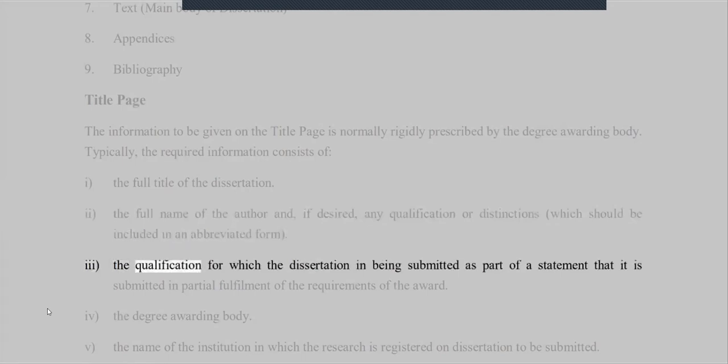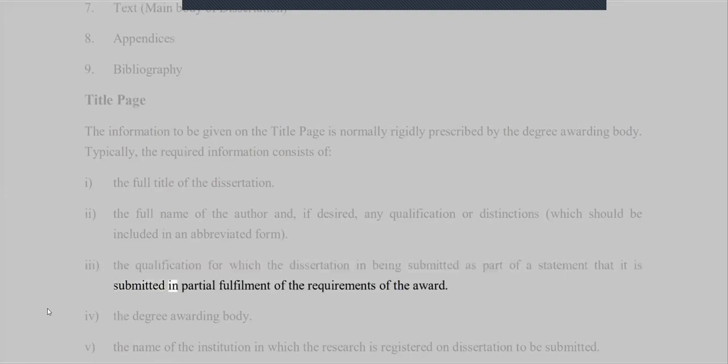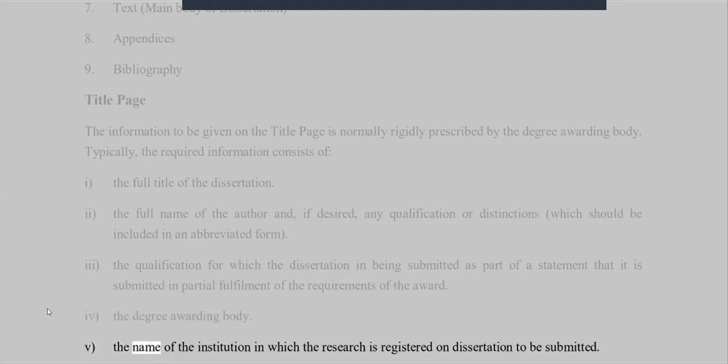3. The qualification for which the dissertation is being submitted, as part of a statement that it is submitted in partial fulfillment of the requirements of the award. 4. The degree awarding body. 5. The name of the institution in which the research is registered and the dissertation to be submitted. 6.